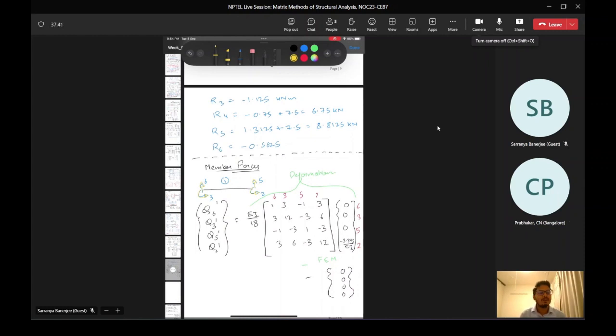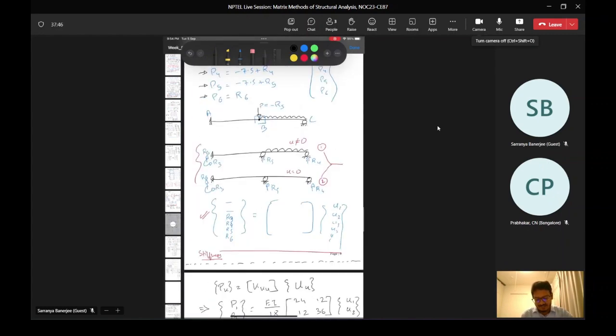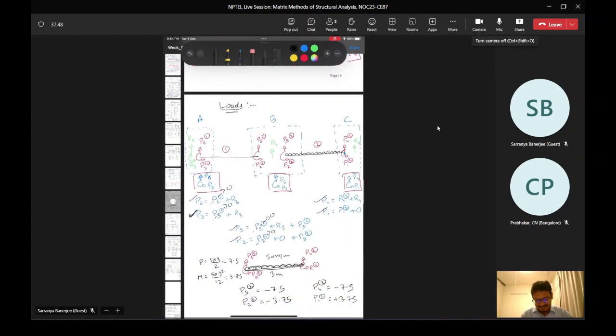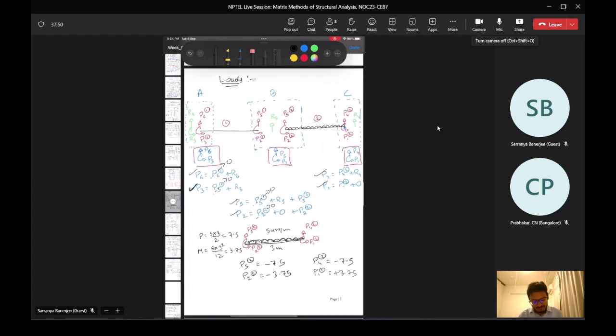But since we have already discussed the fixed end moments here, you remember, right? Here we have discussed the different fixed end moments and for the given directions. So I wanted to use the same fixed end moments and say that we have to subtract them, just to not confuse more with the different directions.